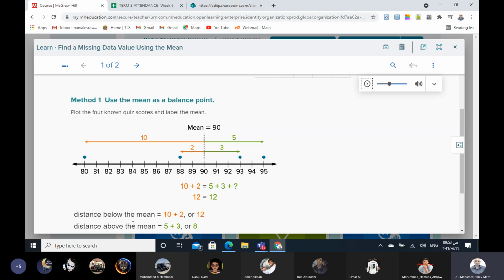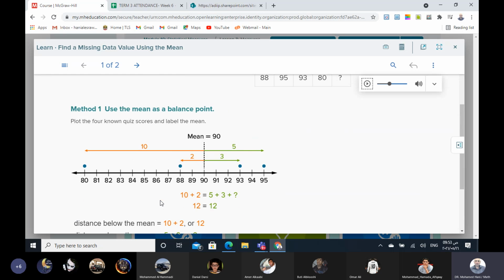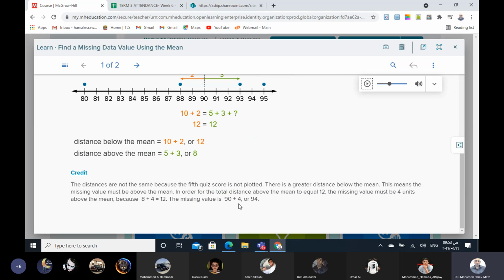So the distance below the mean will be 10 plus 2 or 12, and the distance above the mean will be 5 plus 3 or 8. So 8 plus 4 will be 12. So the missing value here will be 4. So 90 plus 4 will be 94.